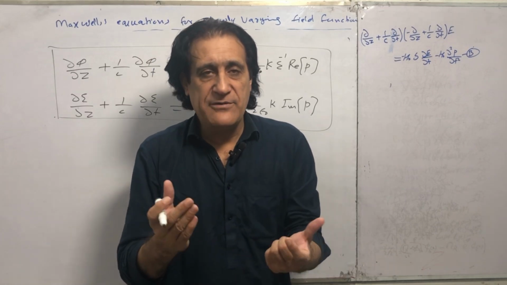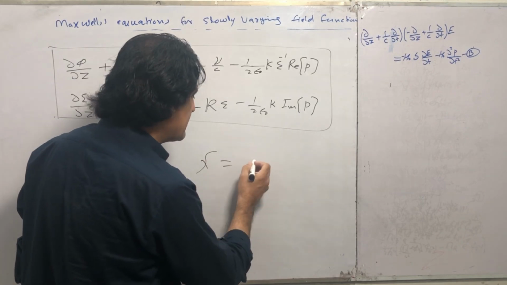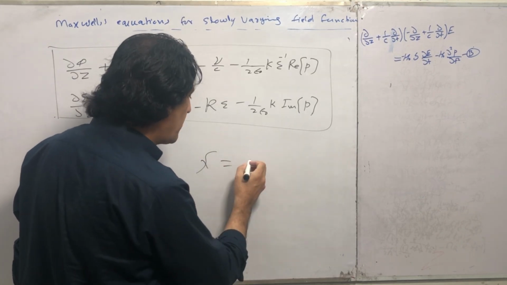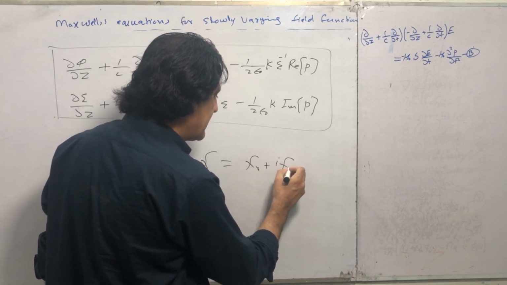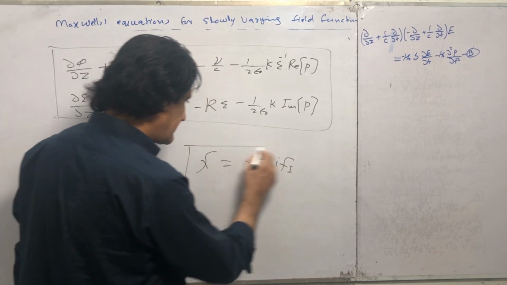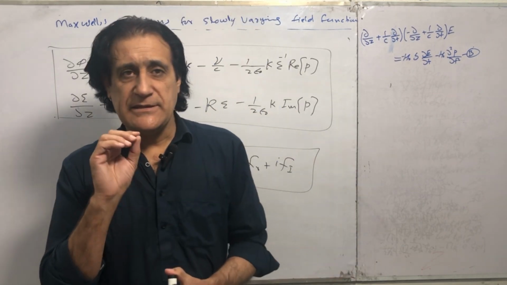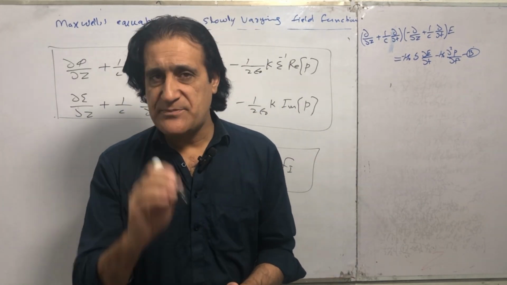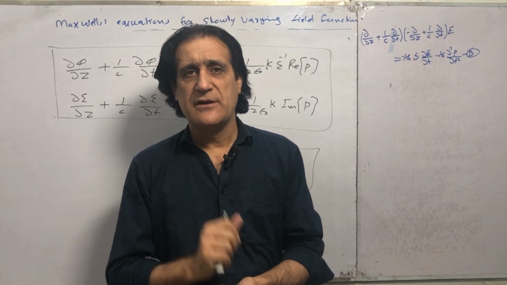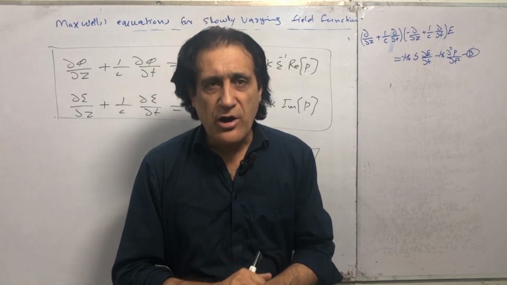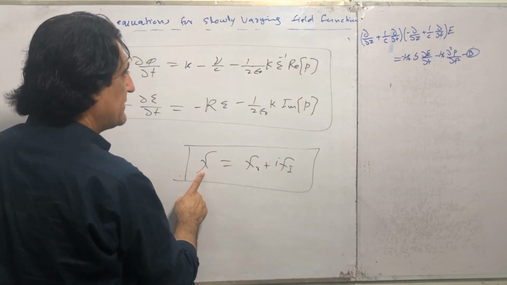So if we consider the susceptibility of the medium, we say that the susceptibility has two parts. One is the real part and the other one is the imaginary part. And usually you can see that the real part gives us the dispersion property, and the imaginary part gives us the loss or gain property, because the polarization is directly related to the susceptibility.